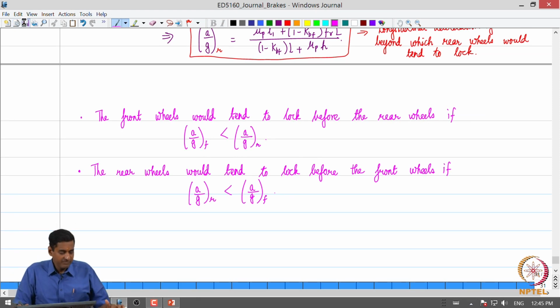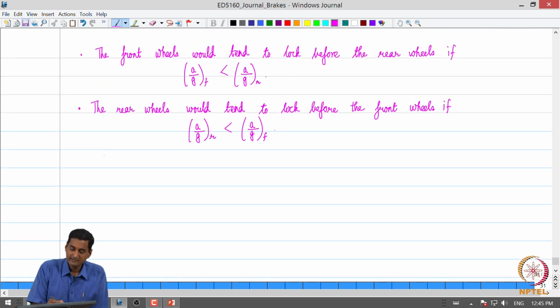So, we can see that by doing this analysis we would be able to get an idea as to how one can determine the sequence of wheel lock under different operation conditions, right. So, that is the main impact of this analysis.